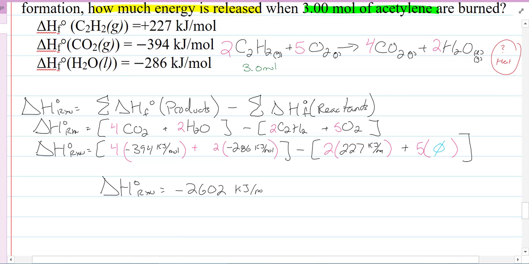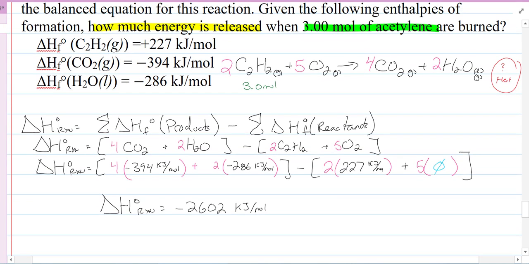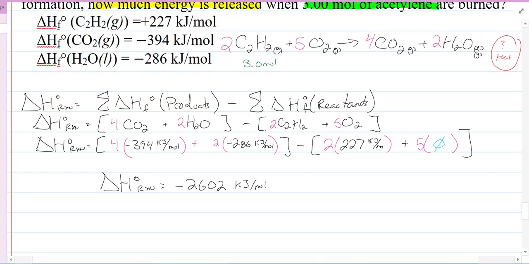And now we have 3 moles of acetylene. So 3.00 moles of C2H2 times, we know that it's 2 moles of C2H2 to negative 2602 kilojoules.